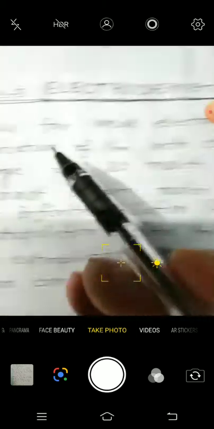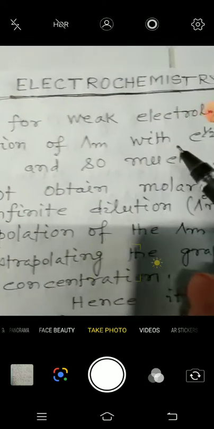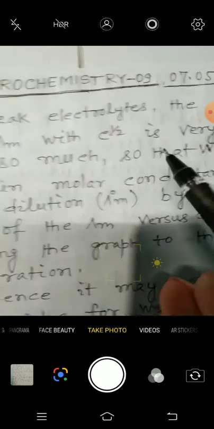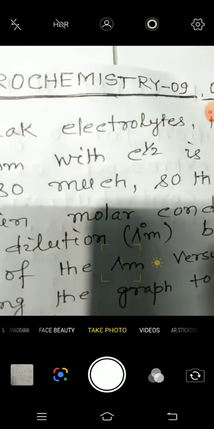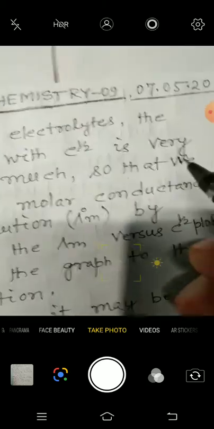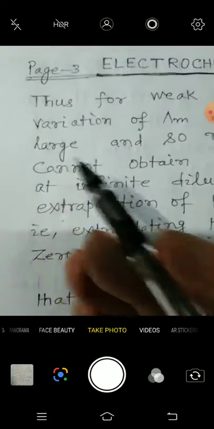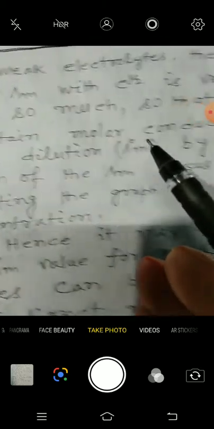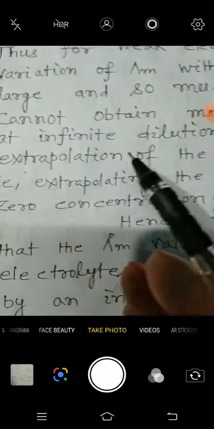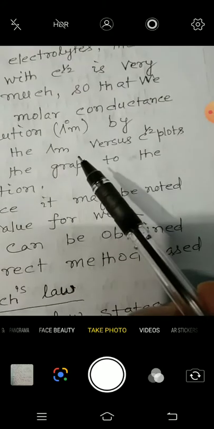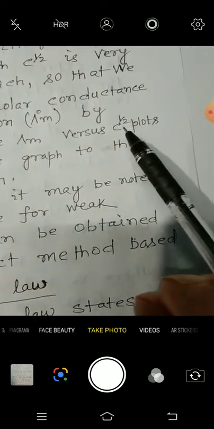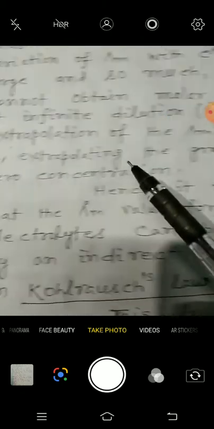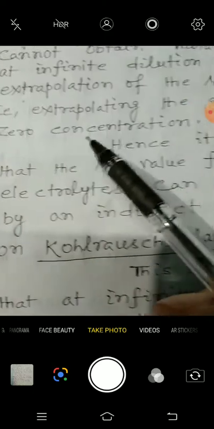Thus, for weak electrolytes, the variation of molar conductivity with concentration is very large, so much so that we cannot obtain molar conductance at infinite dilution by extrapolation of the lambda m versus square root of c plots, that is, extrapolating the graph to zero concentration.